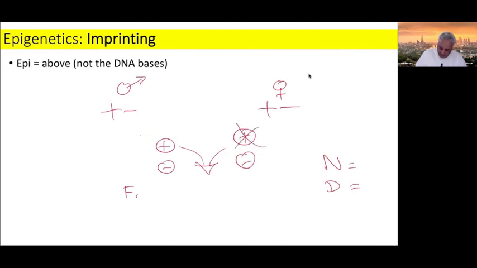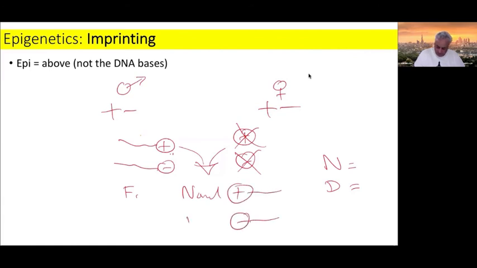Remember, it's irrelevant what the eggs are. So it doesn't matter whether they carry positive or negative. In terms of the gene itself, that region of the gene is shut down. In the case of the father, we have two types of sperm. If the babies are born of the top sperm, they'll be normal, right? If they're born from the bottom sperm, they'll be dwarf.